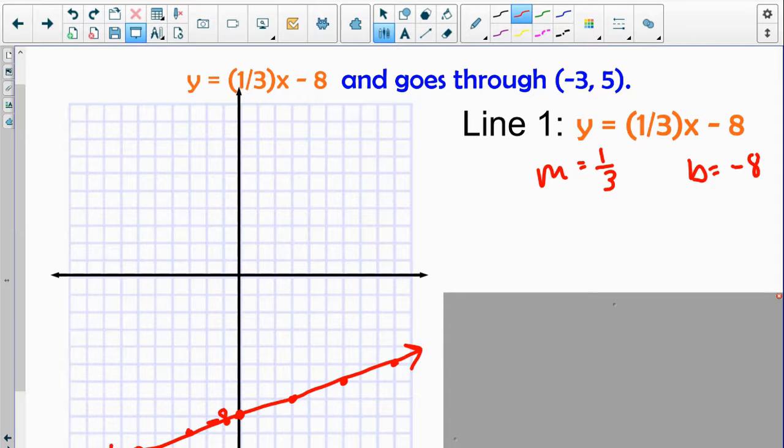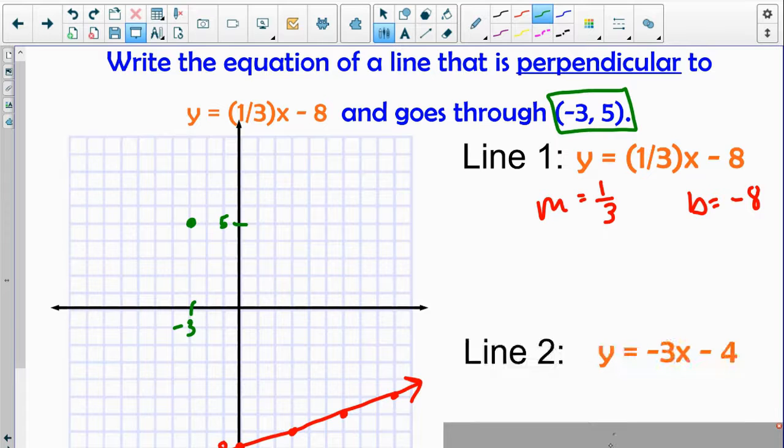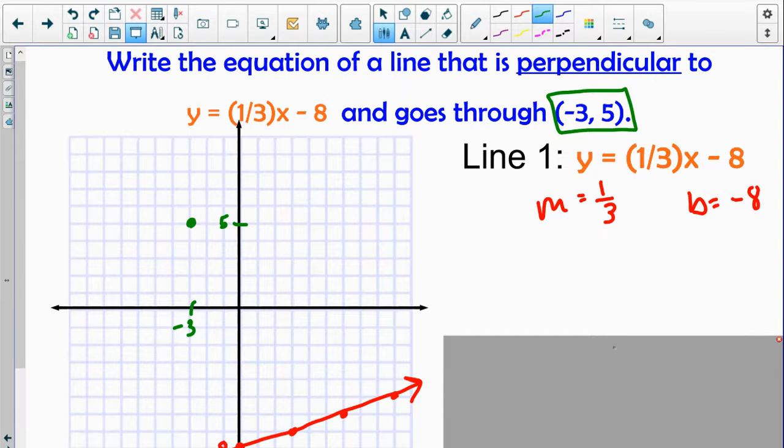All right, so there's line number 1. Now line number 2 says write the equation of a line that's perpendicular to that one, and it goes through -3, 5. So I know that -3, 5 is a point on my line. So the x value is -3, the y value is 5. But I have to not make it parallel, but perpendicular. So I have to think about what is the slope on the other equation.